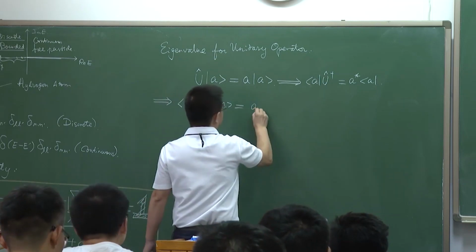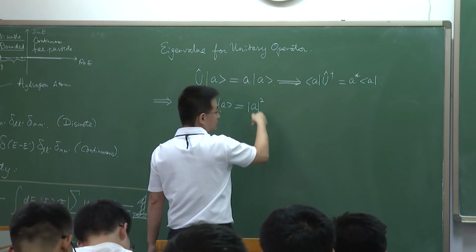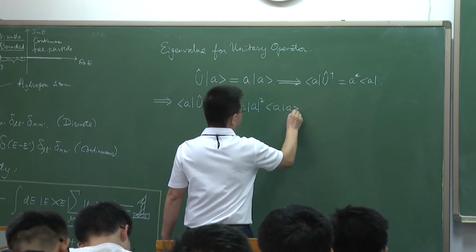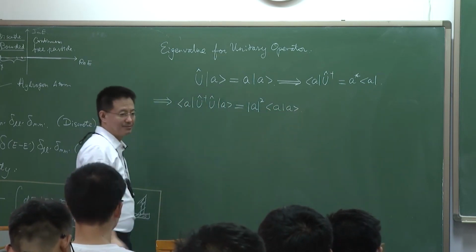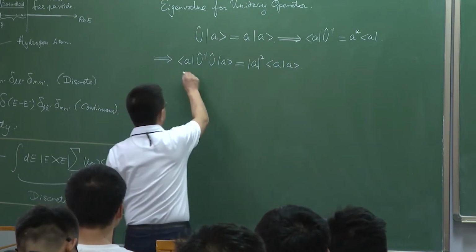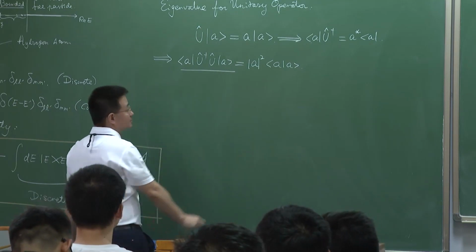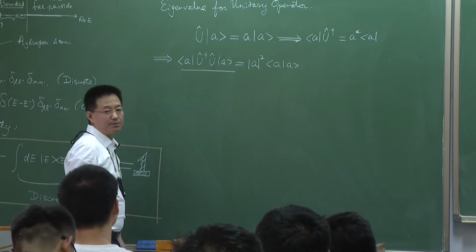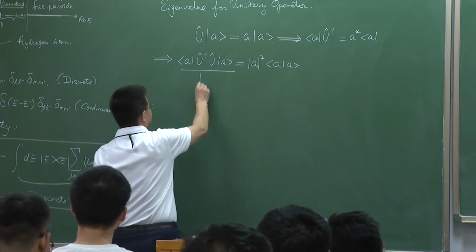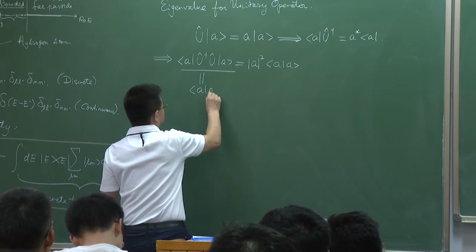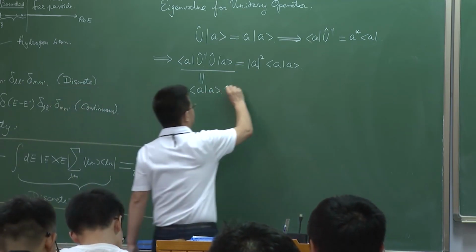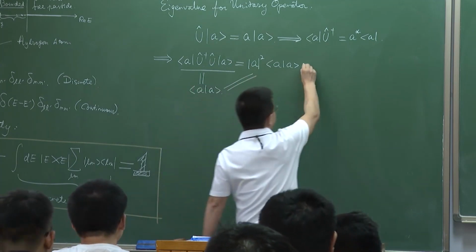So you get the absolute value of a squared. This is one of the expressions that you can derive. But because U is a unitary operator, U dagger U is equal to identity. So it means it is equal to bra a, ket a. These two things are the same.